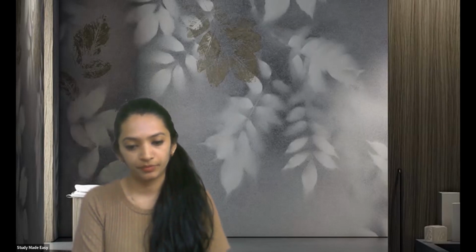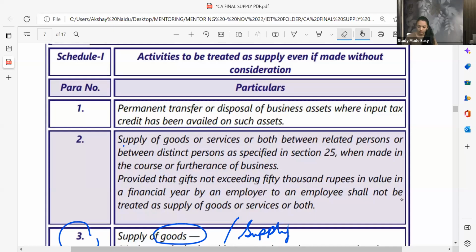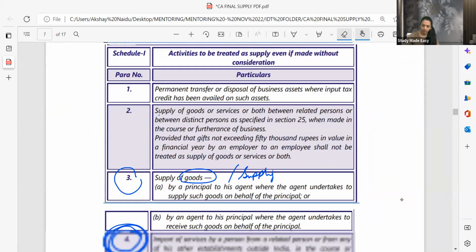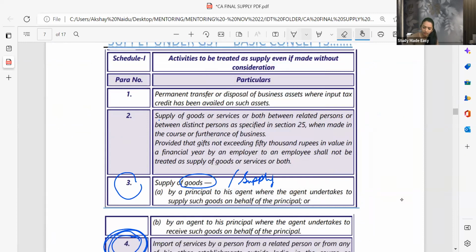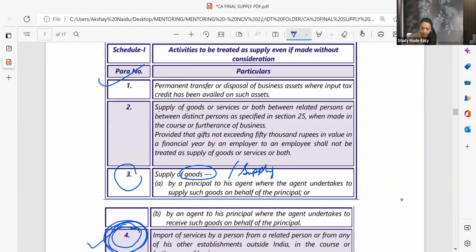Done? Sure. Right now, I am focusing. This we have done. Sure, let us take this one.